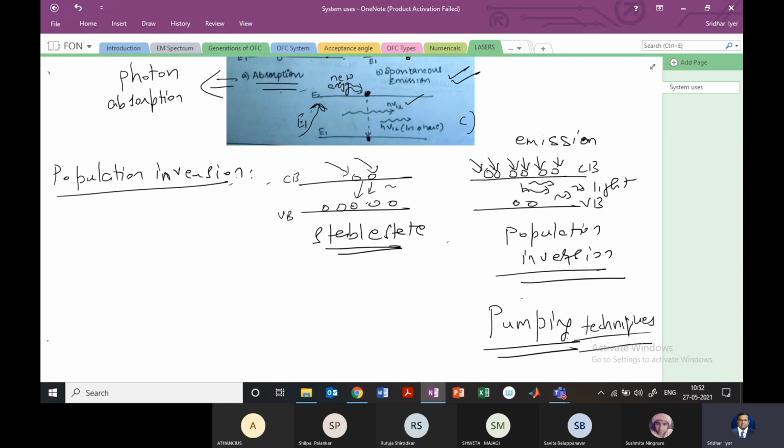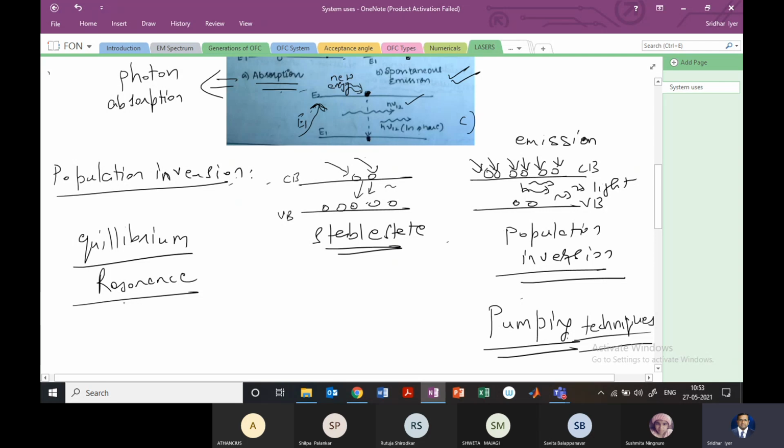These laser diodes will work at certain conditions, and in those conditions these lasers will provide us with what is known as equilibrium. And at this equilibrium, we will also get resonance, and at this point we will also get amplification.